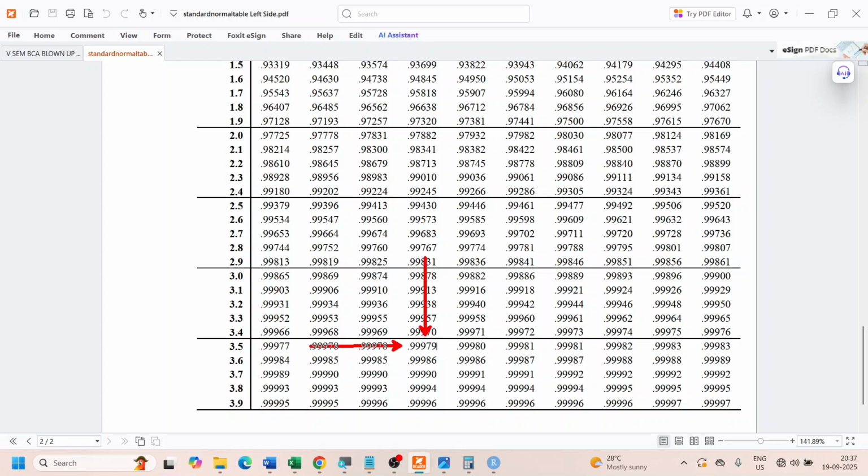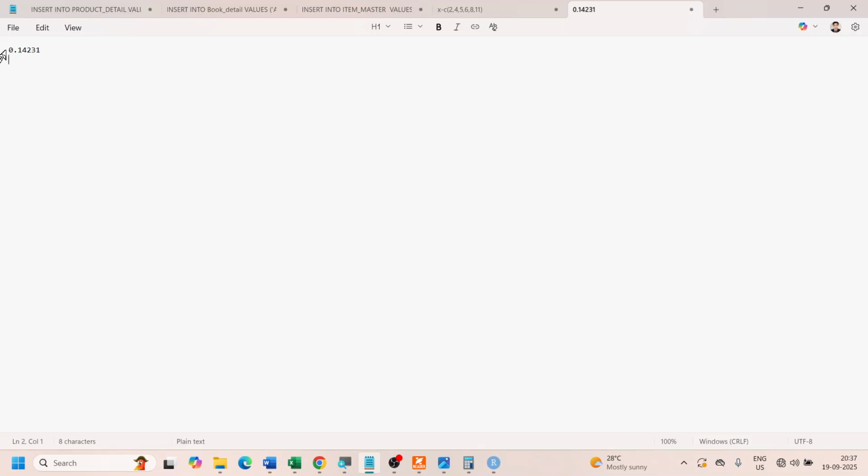This will be the corresponding value. So I'm going to take this one as 0.9997. I'm going to just paste it here in the notepad. Okay. So I'm going to subtract this minus this.